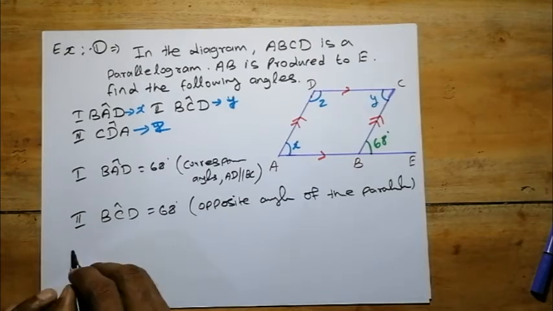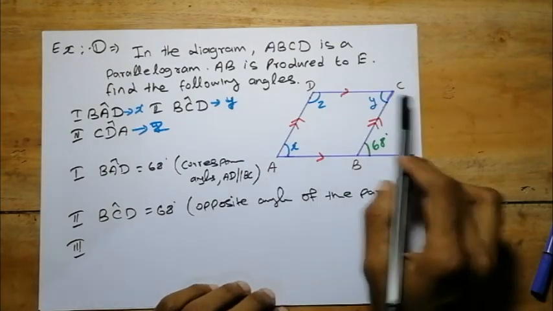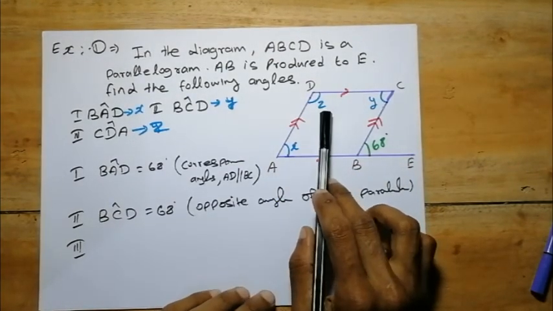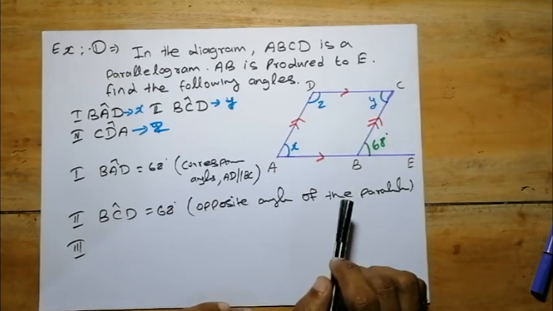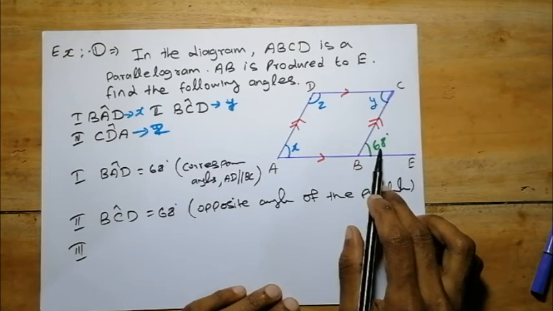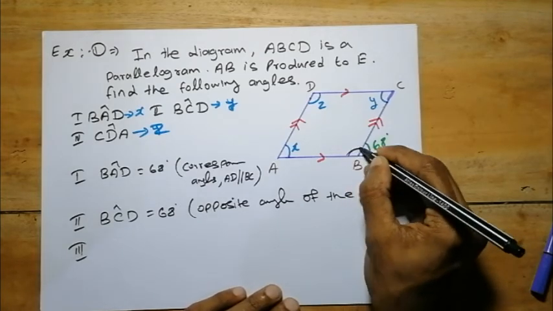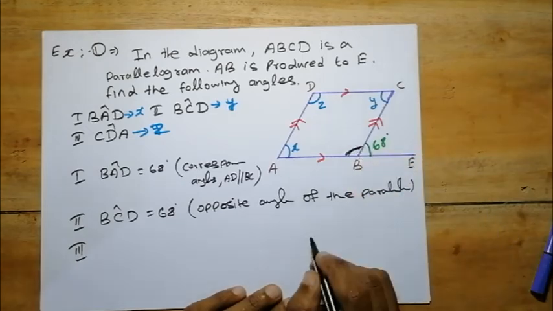Okay, then the next, the third one: Z, CDA, the angle we marked as Z. We have been given 68 here. We can find the remaining angle on the straight line.